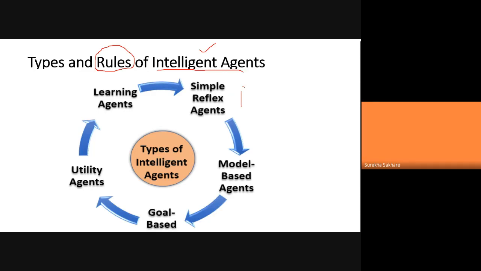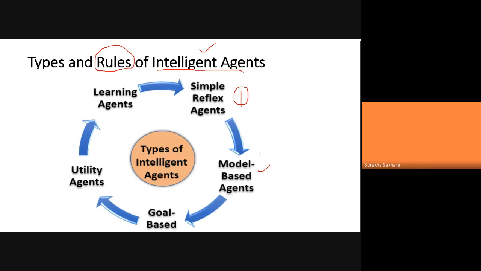To mention, the first, very simple one is the simple reflex agent. Simple reflex agents are the very basic intelligent agents, the memory required is also very little, and obviously the performance will be lower compared to the other agents.